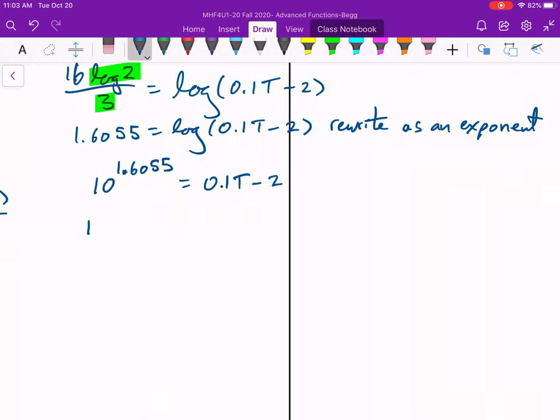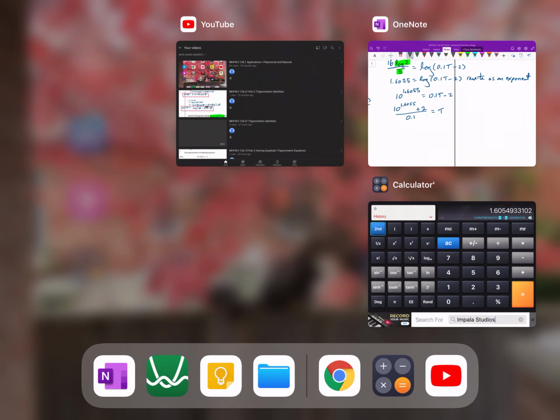I can now add 2 to both sides, or if you prefer, bring the 2 over to the left, and I can then divide by 0.1, because that'll maintain order of operations. And if I do all that, then I'll know what t is.